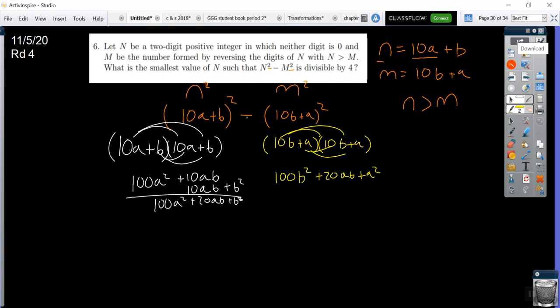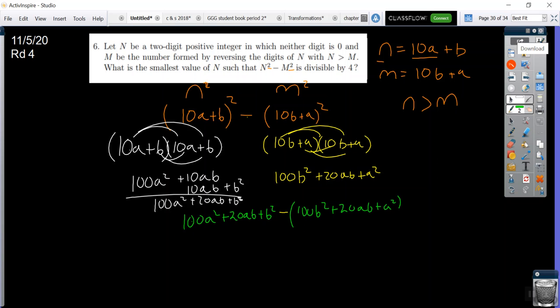Well, we are going to subtract these two trinomials. It's my least favorite color. So we have 100a squared plus 20ab plus b squared, and then we are going to subtract it from this whole term, 100b squared plus 20ab plus a squared.